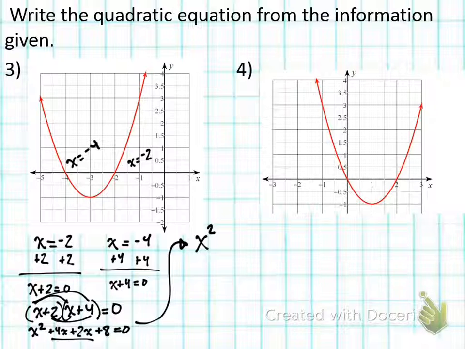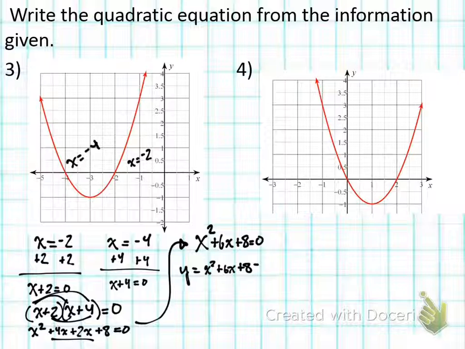What's 4x plus 2x down here? Plus 6x, okay. Plus 8 is equal to 0. And let's replace 0 with y. So we're going to say y is equal to x squared plus 6x plus 8. That's your answer.